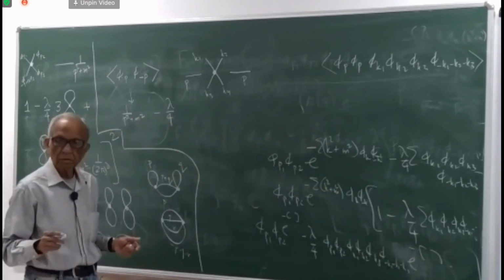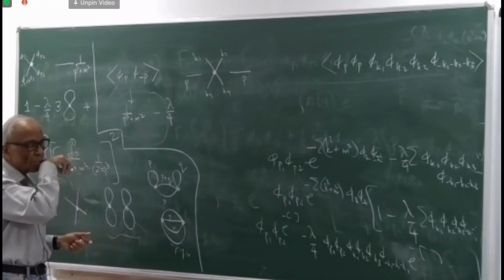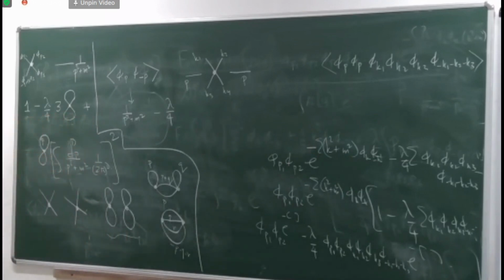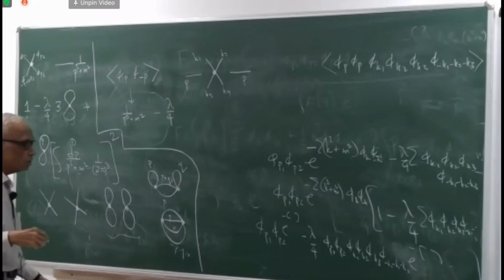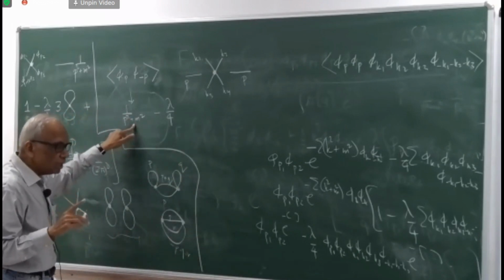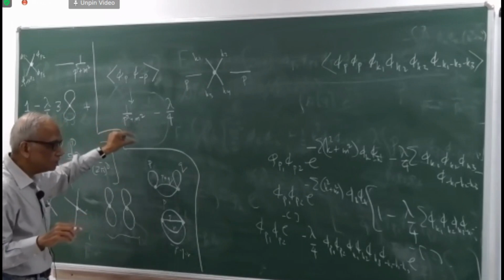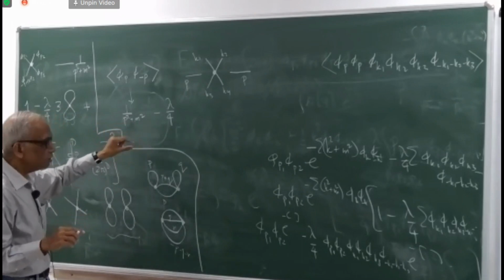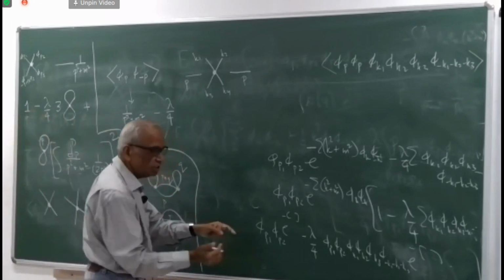Isn't it? So this term is 1 over p square plus m square. But mind you, it is 1 over p square plus m square only when I have the Z in the denominator.